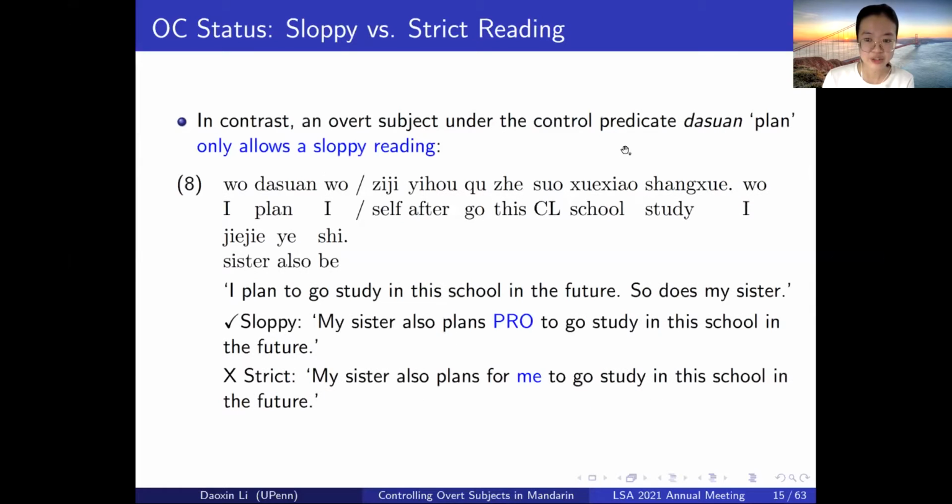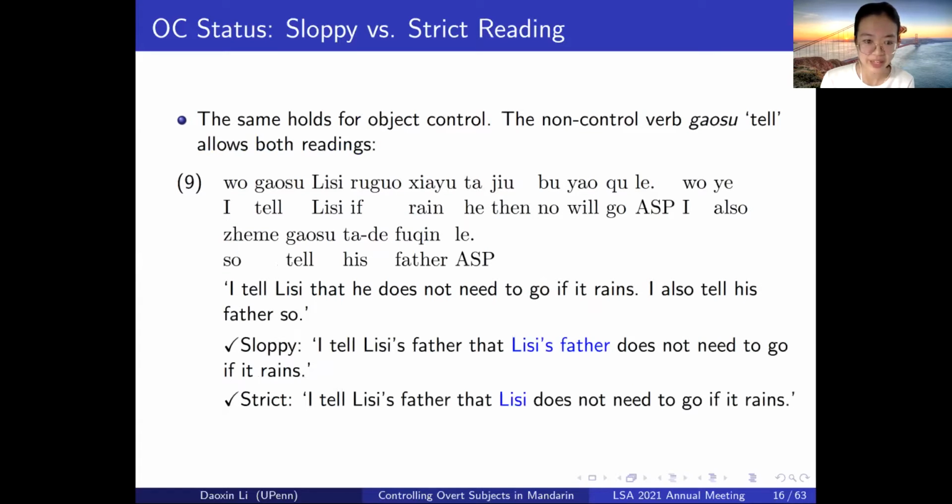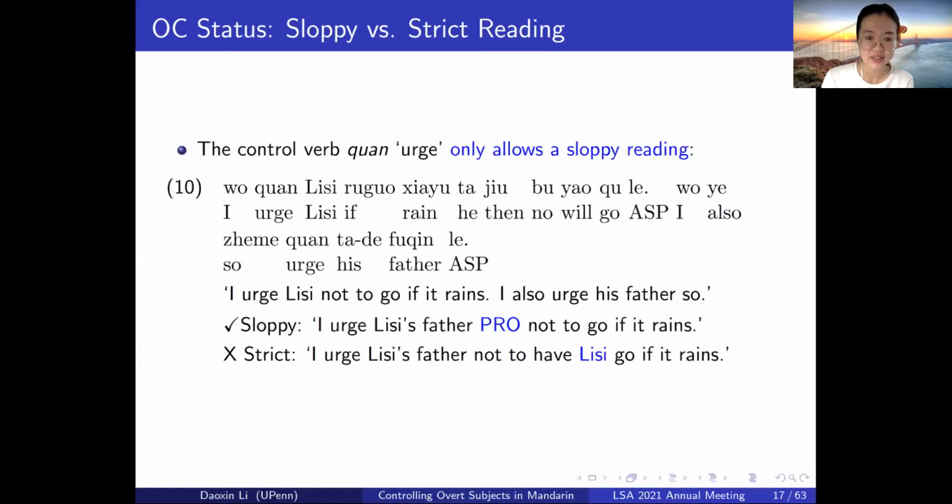But under the control verb plan, only the sloppy reading is possible. So it can only mean my sister plans to go study in the school, not she plans for me. And the same holds true for object control. I'm skipping the details here.